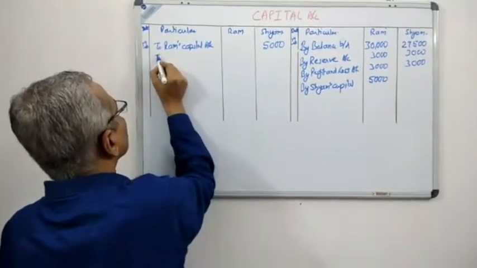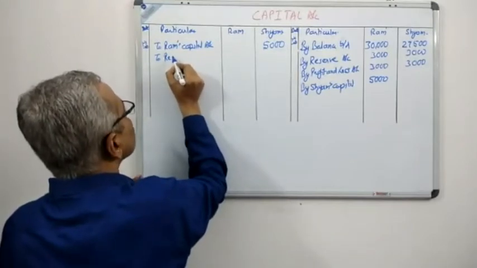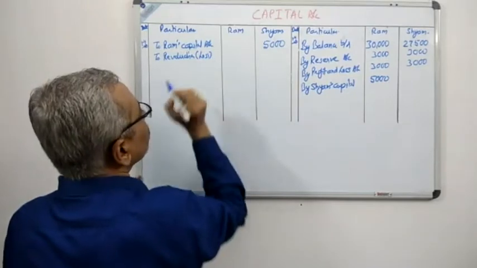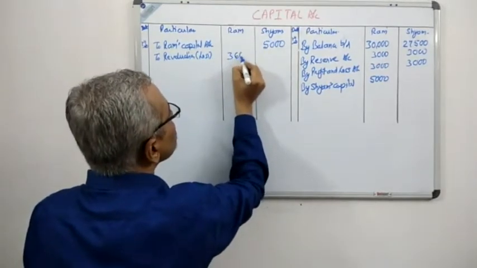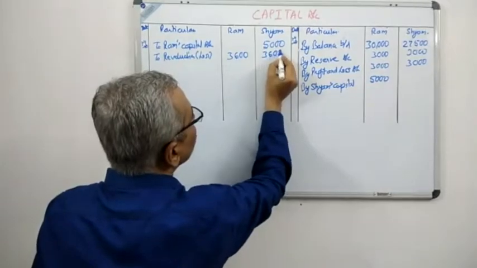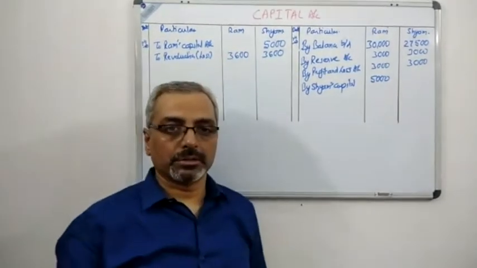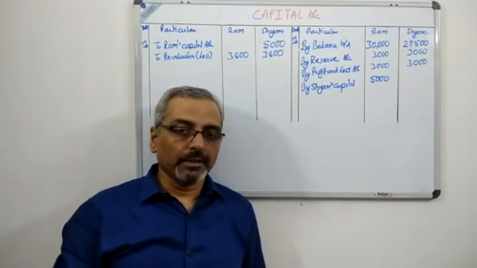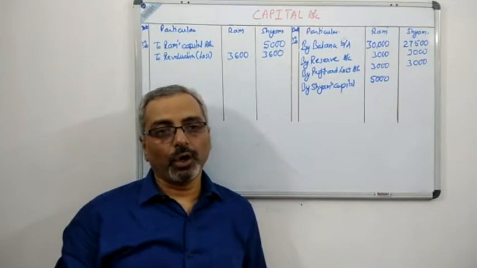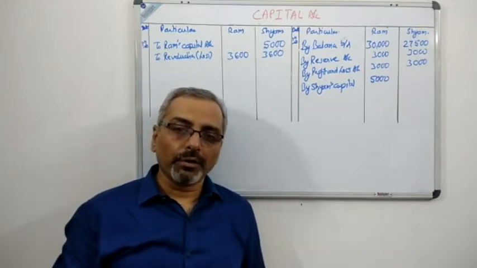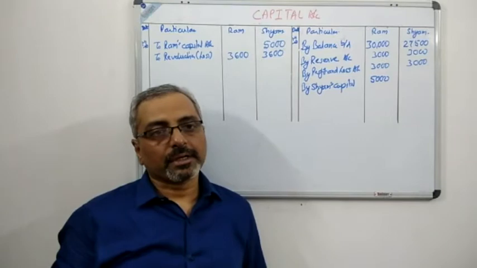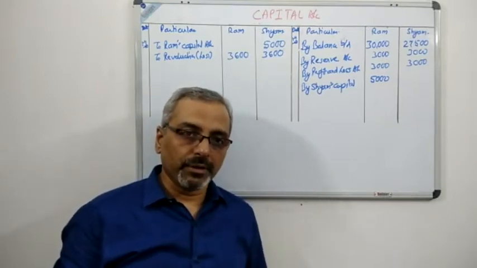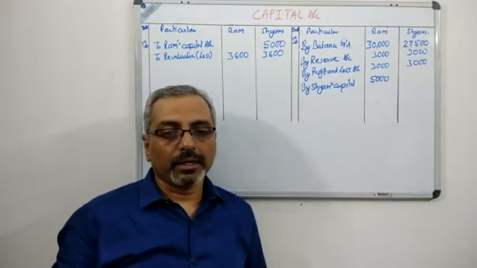Apart from that, there is a loss on revaluation, to revaluation, bracket, loss. If you remember very carefully, it was 3,600 to the partners. So we have done that. Apart from that, if you remember very carefully, there was a loan taken to pay off the retiring partner, and we already have 1,000 as a cash balance or a bank balance in the balance sheet, which will be taken into consideration first, and the remaining amount will be taken as a loan.